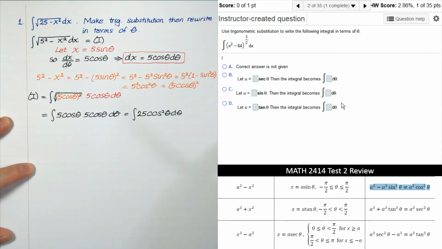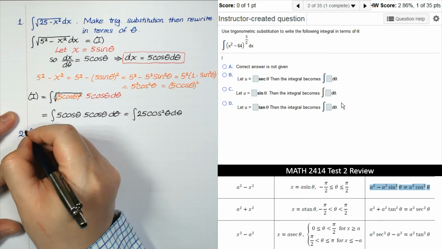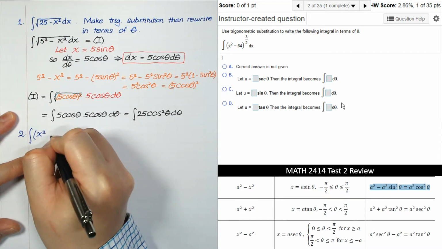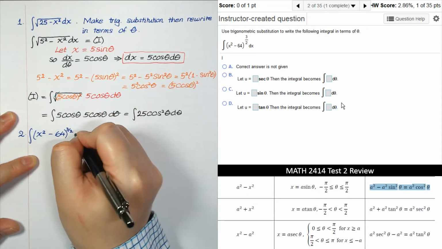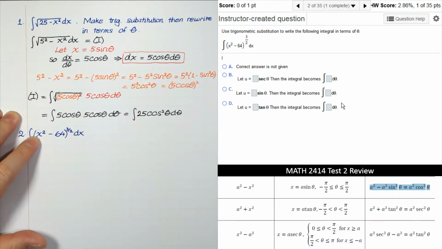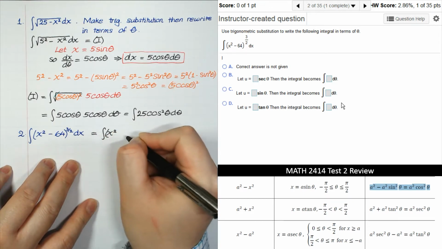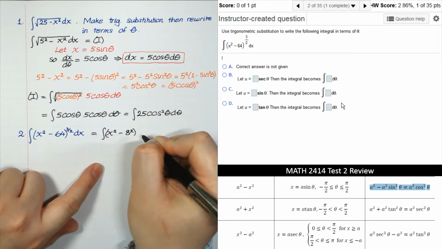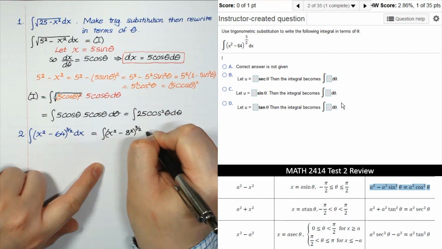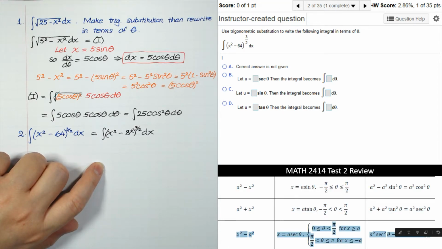2, pretty much we'll do the same thing. Trig substitution, we write in terms of theta. We have the integral of 1 over (x squared minus 64) to the 3/2 dx. Right, here we have a variable squared minus a constant squared, that is, a squared to the 3/2 dx. If we have a variable squared minus a constant squared, we're going to use that row.